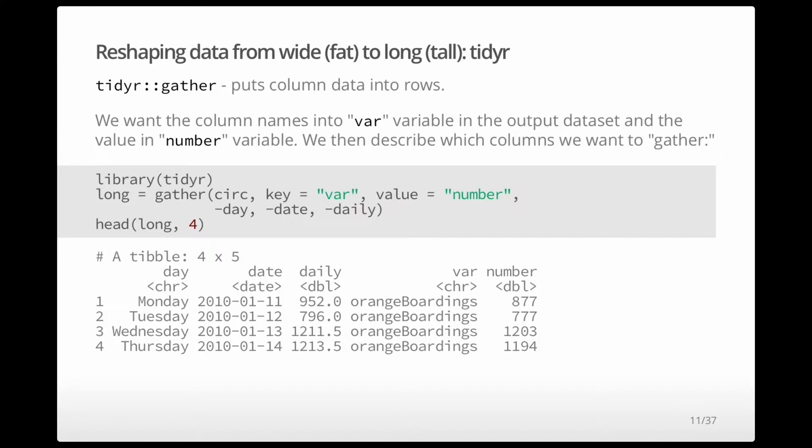That's not a variable I want to transform. I don't want to gather up dates, and I actually don't care about the daily ridership. We're going to remove that column completely because I only care about the purple, the green, the orange, and the banner, boardings, and lightings. So this will convert it to a long format, and we're going to go through this in a second.